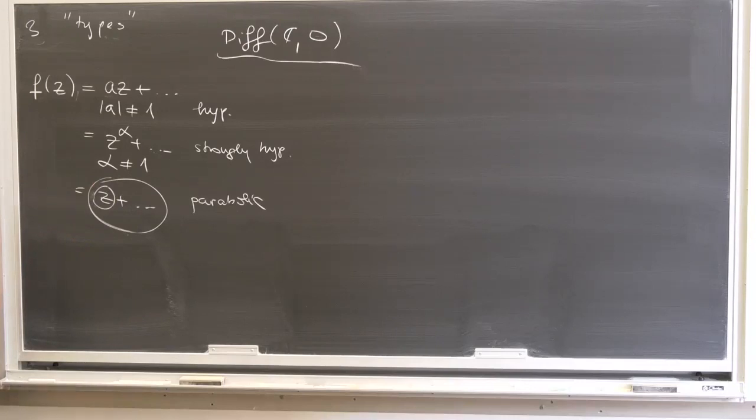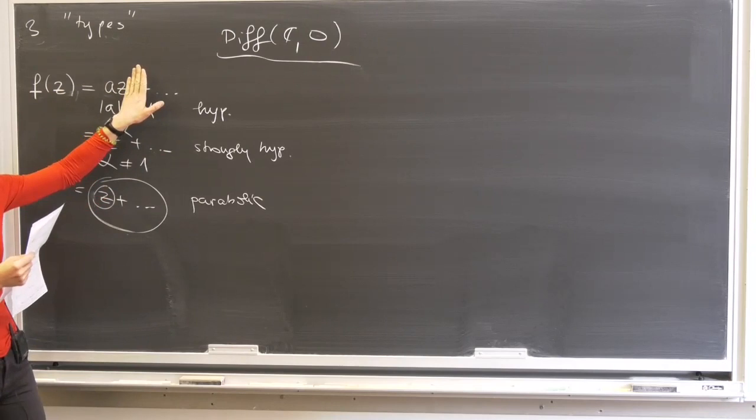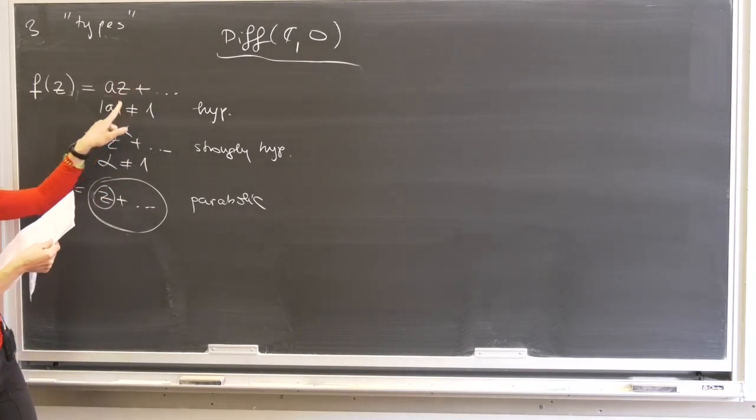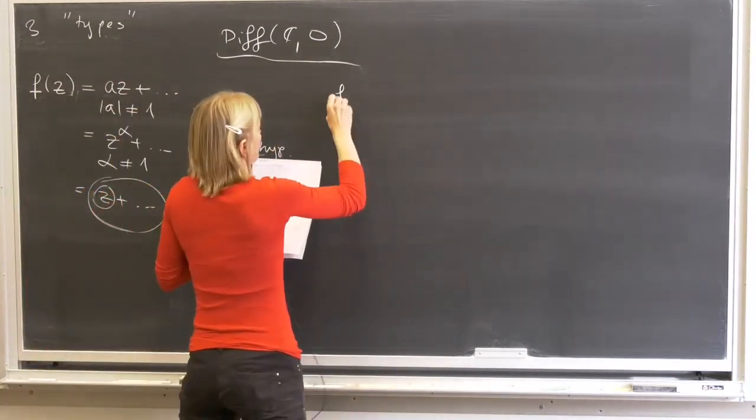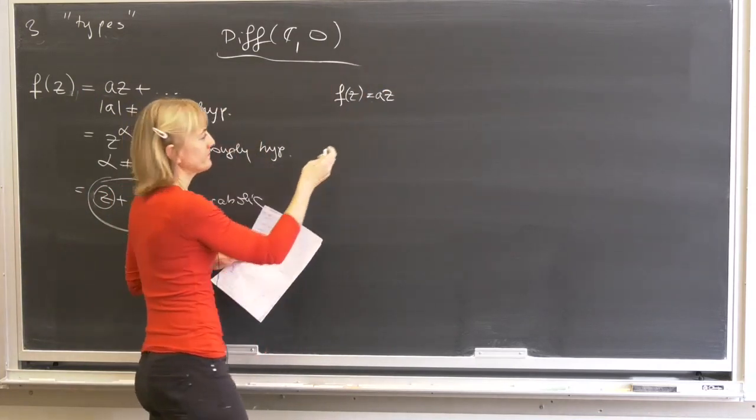Dynamically, this is the most interesting because, let me suppose for the moment that we consider just the first term that somehow captures well the dynamical behavior of this germ. For example, let's say that we have a germ like this, say in the complex plane.